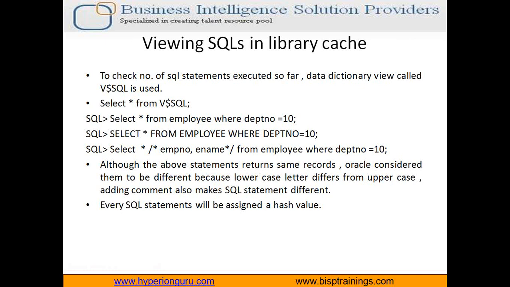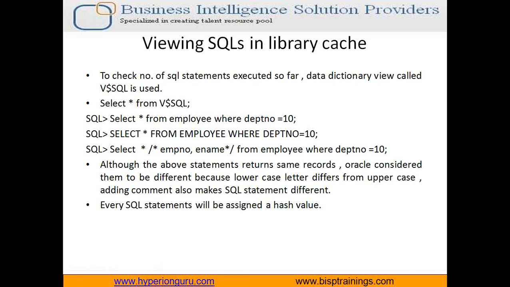I should also explain how to view the SQL statements written by different people that are stored in the library cache. How can you see the SQL statements stored in the library cache? This is the select statement. We can query against $SQL, the dictionary.